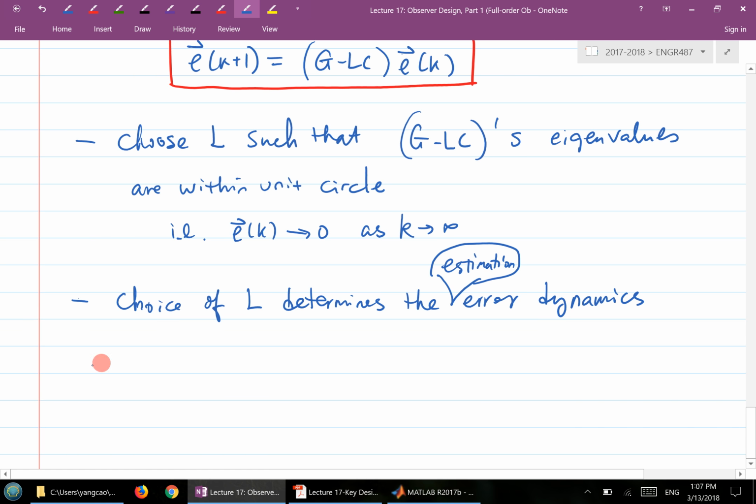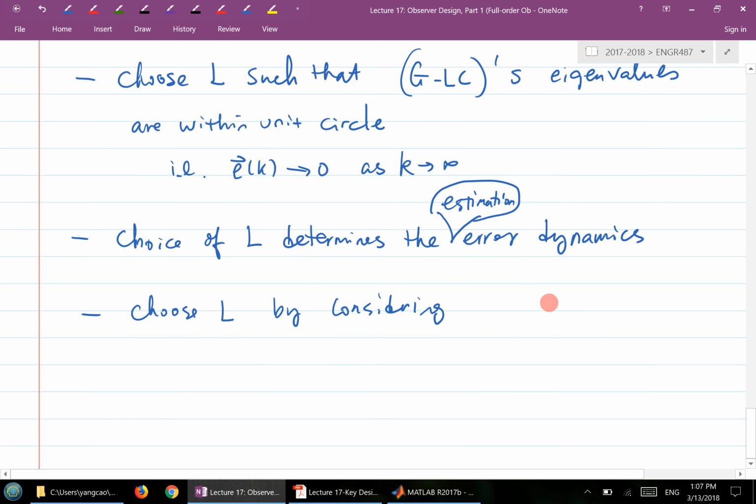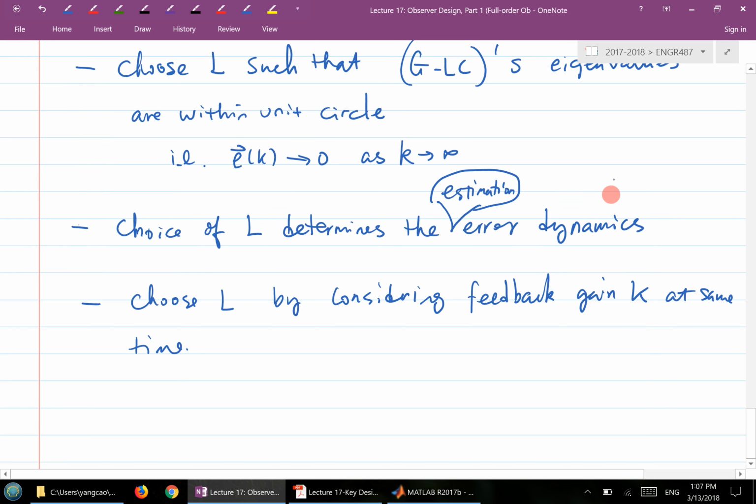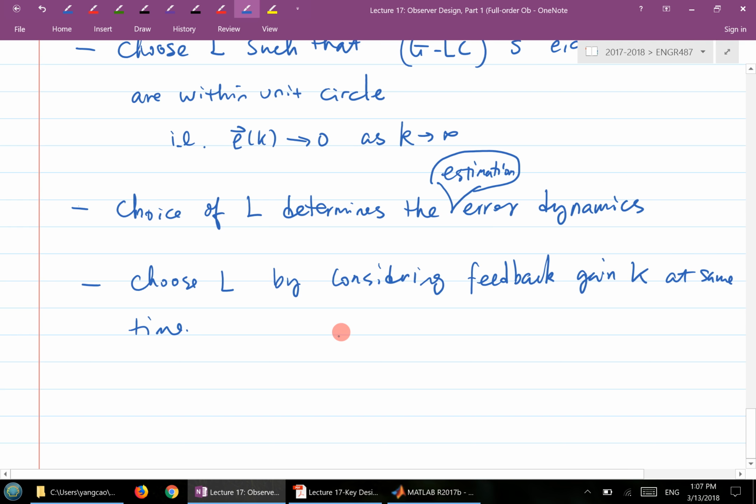And the next comment here is that we need to choose L by considering this feedback gain K at the same time. Your gain K is coming from here, right?